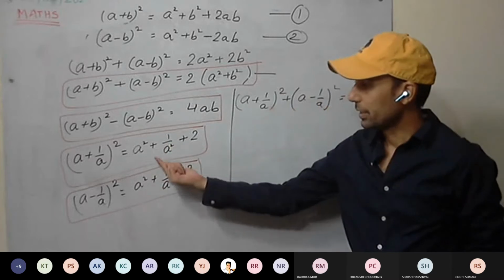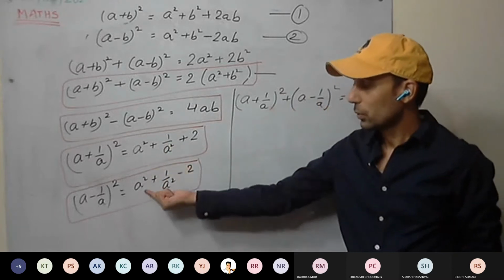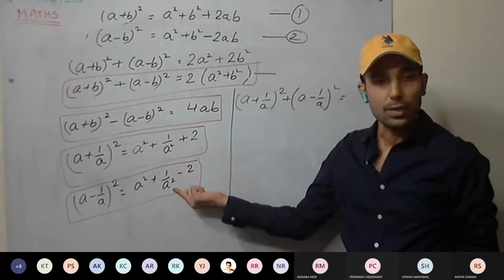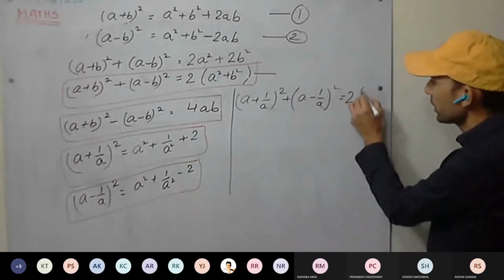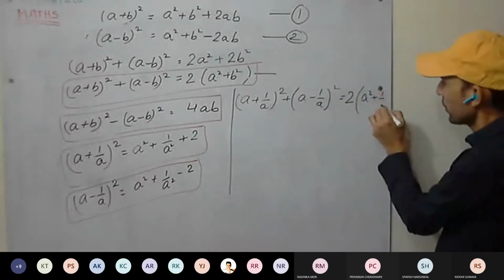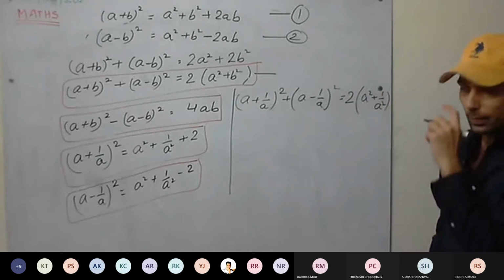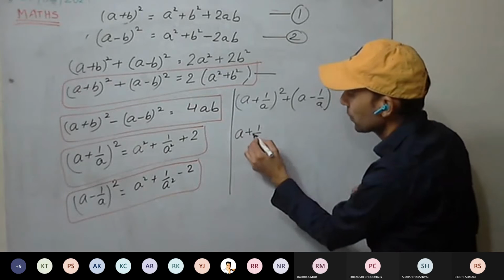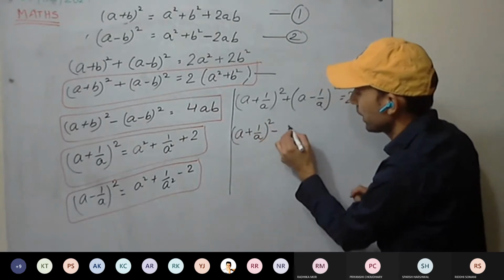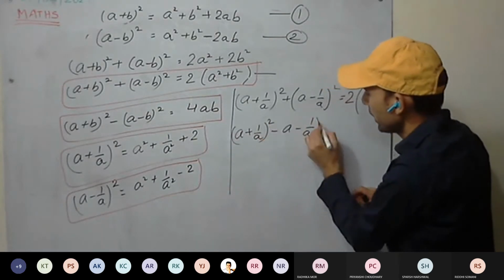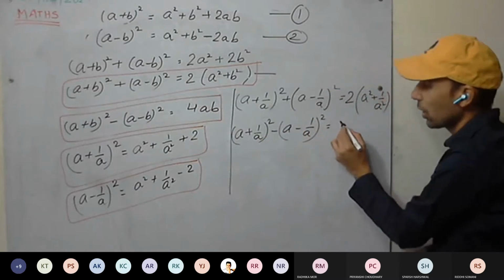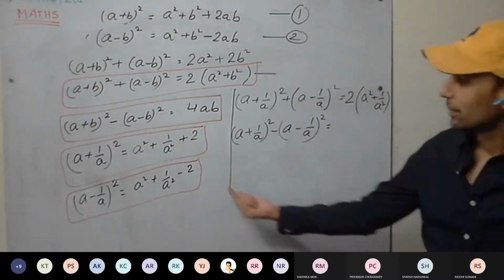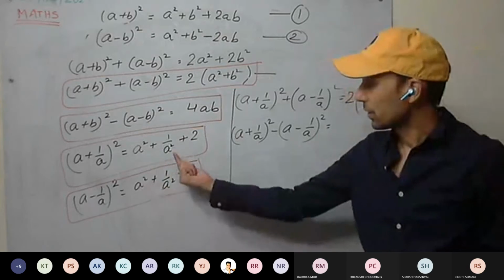Adding these two, 2a square plus 2 into 1 upon a square. So it will be 2 into (a square plus 1 upon a square). Understood this one? If you are subtracting them, (a plus 1 upon a) whole square minus (a minus 1 upon a) whole square, how much will it be? This will be 0.